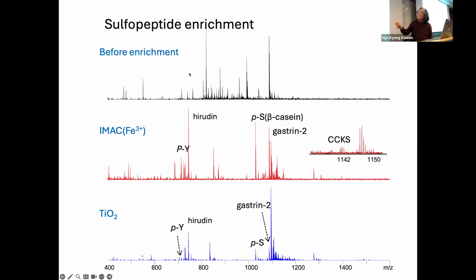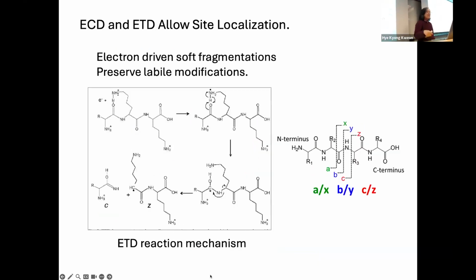This is before enrichment. You can see the phosphopeptides here, and also the sulfopeptide gastrin, a very common standard sulfopeptide, CCK peptide. The sulfopeptide was co-enriched with the phosphopeptides. Their efficiencies are pretty similar, but their specificity differs between enrichment techniques, IMAC or titanium dioxide. And this is after enrichment.